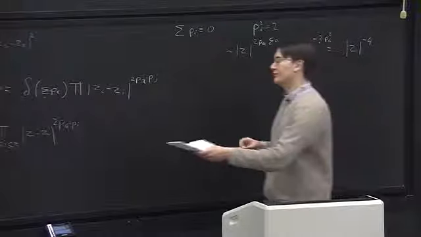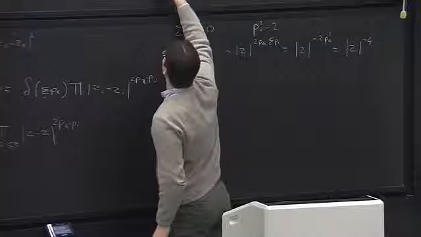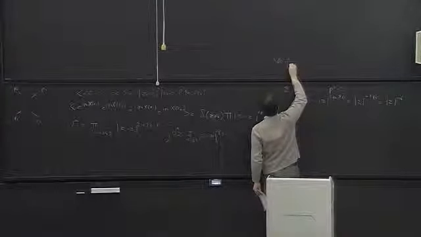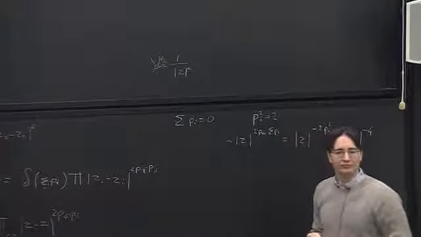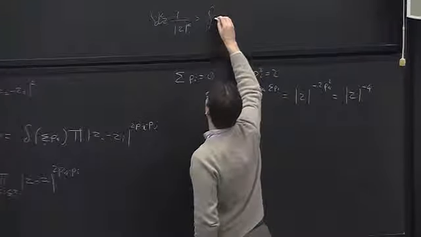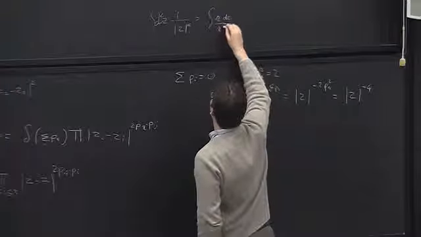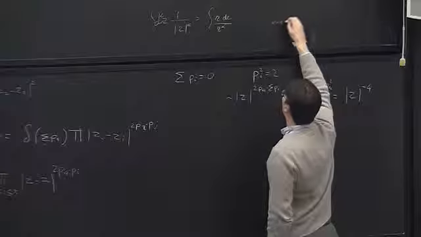Well, this sort of integral, d squared z, 1 over z to the alpha, in polar coordinates is something like r dr over r to the alpha. So this is fine if alpha minus 1 is smaller than 1.